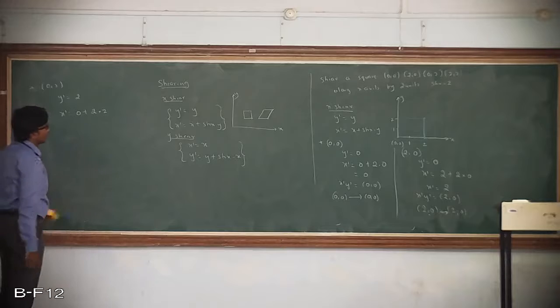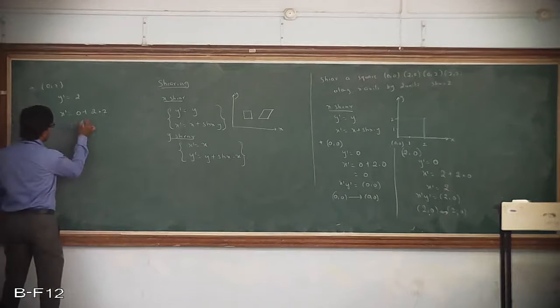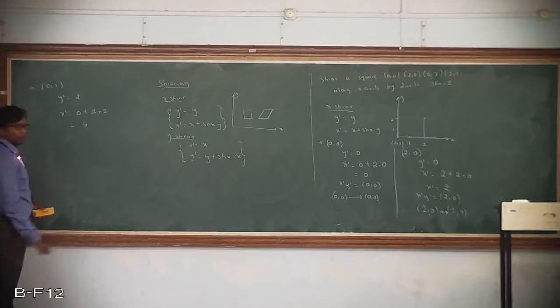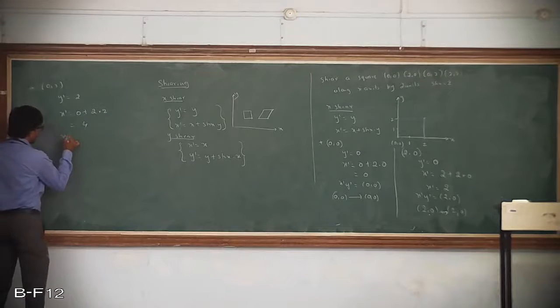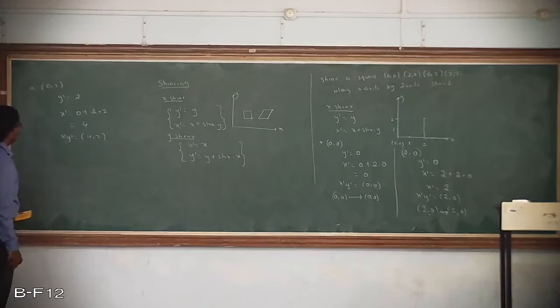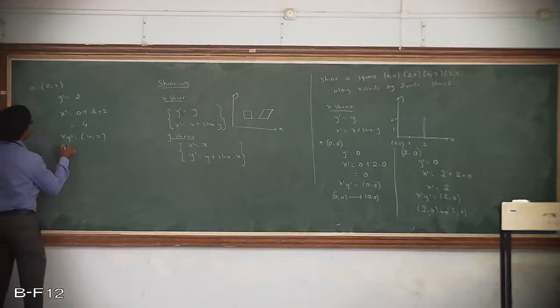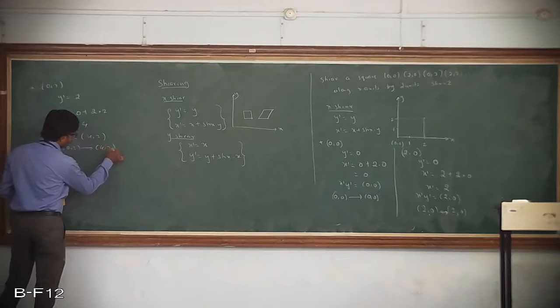Because shx is 2 and the y coordinate is 2, you'll get 2 into 2, that is 4. So x dash, y dash is 4, 2. It has changed from 0, 2 to 4, 2.